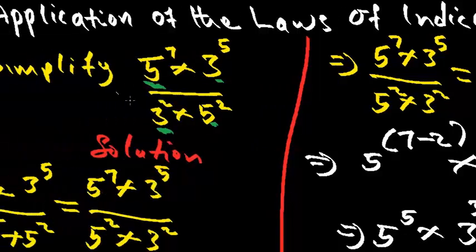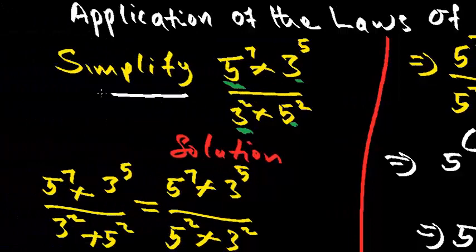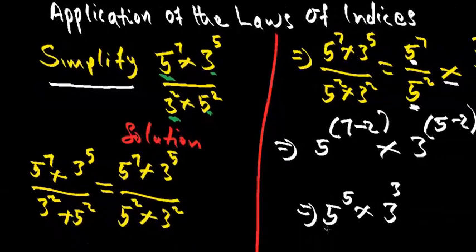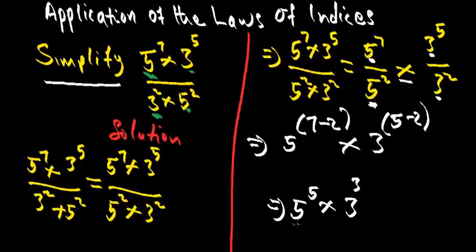So note that the question is saying simplify. At this point there is nothing we can do again. We cannot simplify it further, so we leave it this way as our answer. In fact, if the question says simplify, you are going to leave your final answer in exponential form.